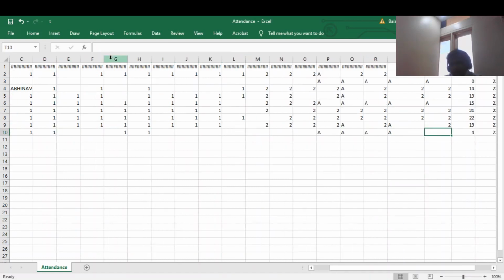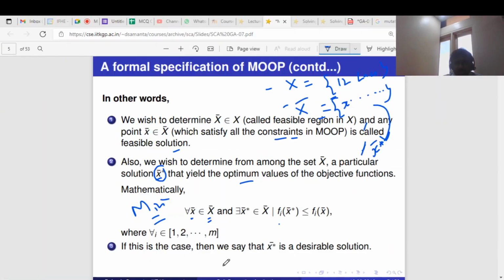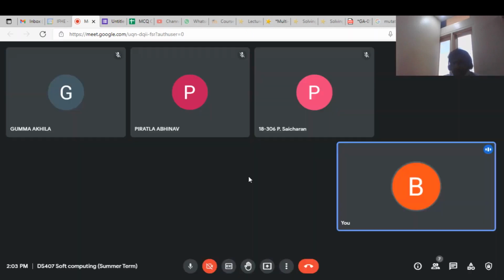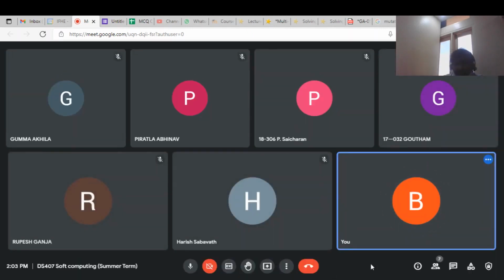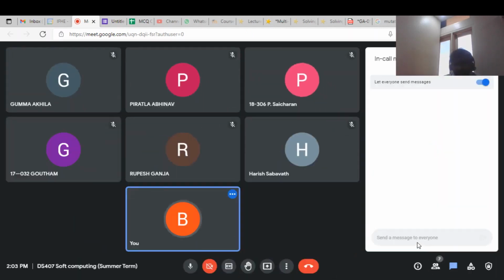No, I have to mark absent only, right? I think everybody is aware, right? That attendance only I am considering. This is just for recalling.